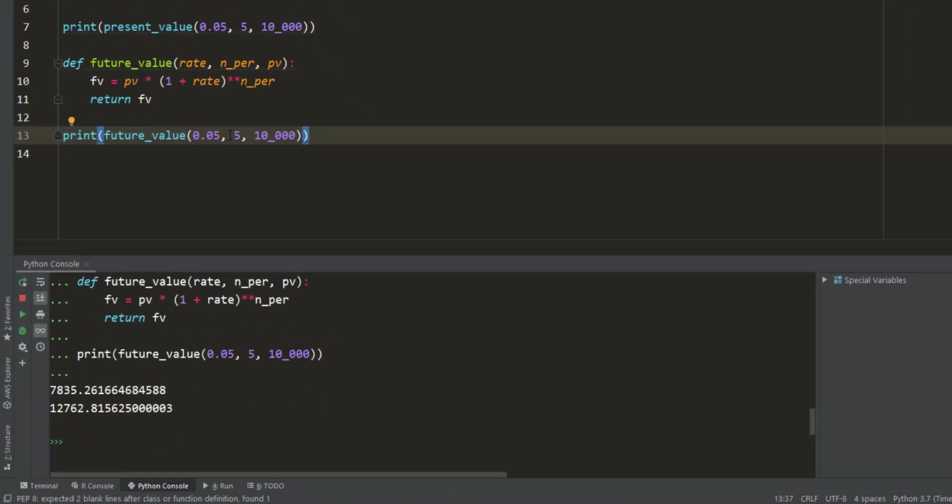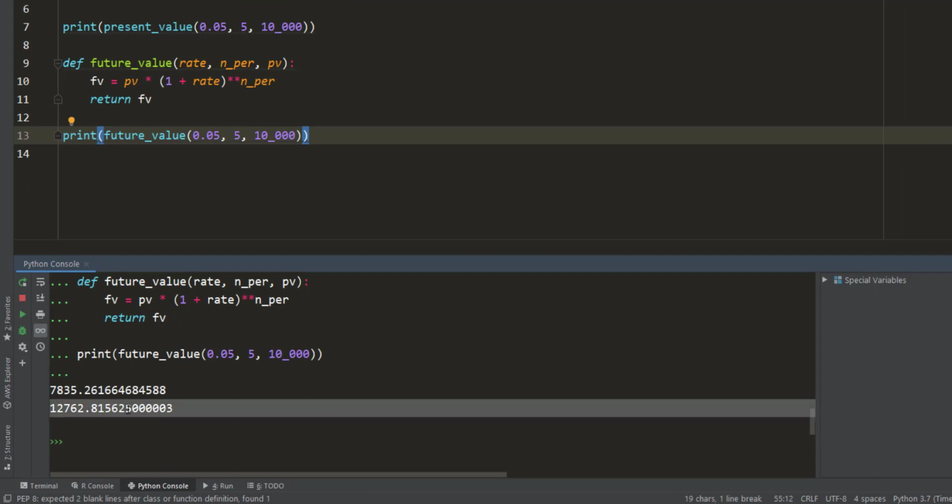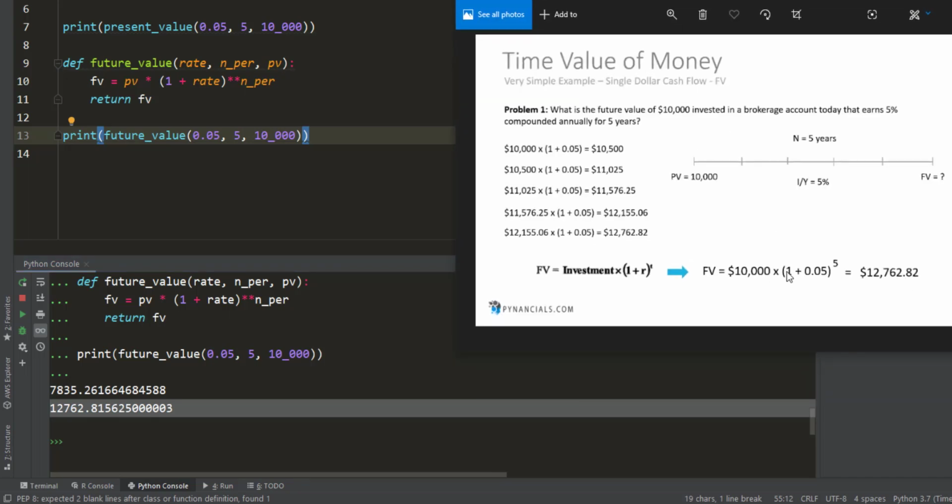And let's calculate it, and you can see that it gives us the second number of 12,762.82. That's exactly what we came up with in our formula.